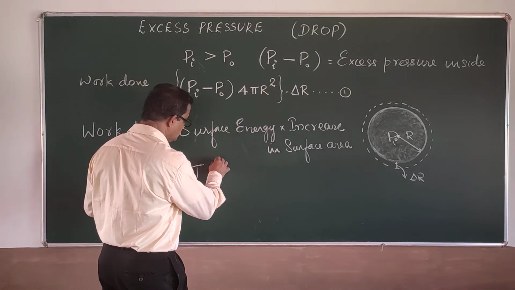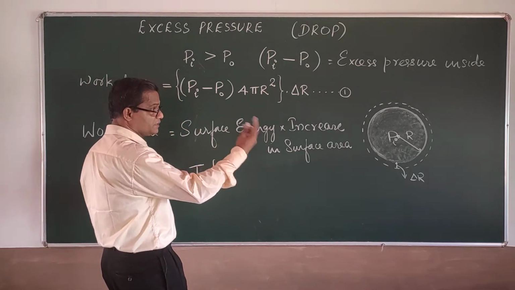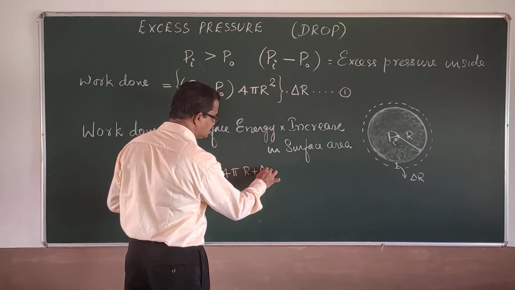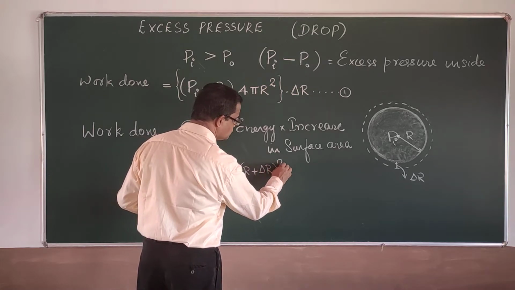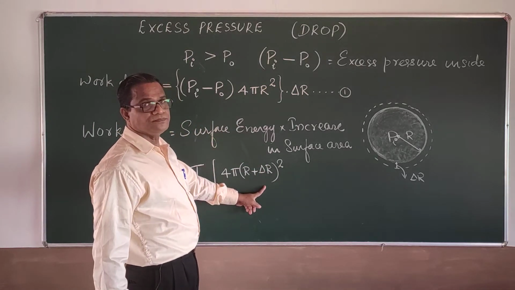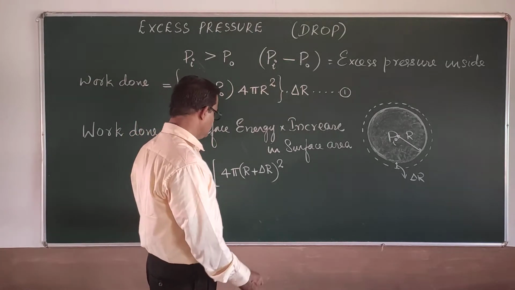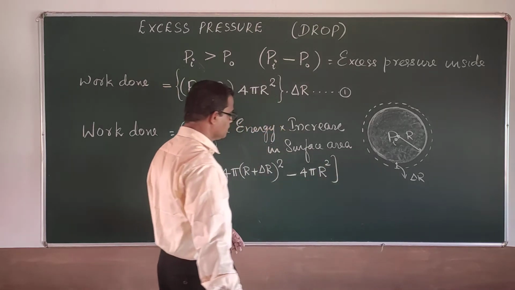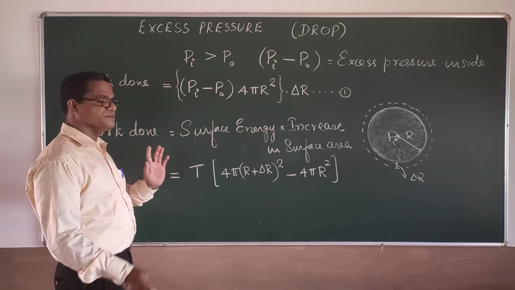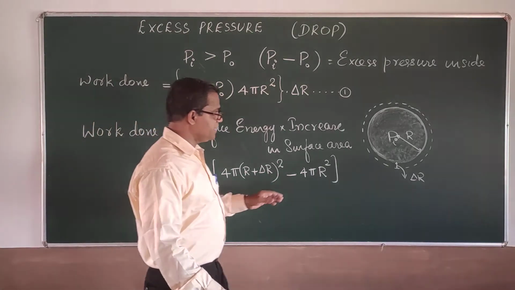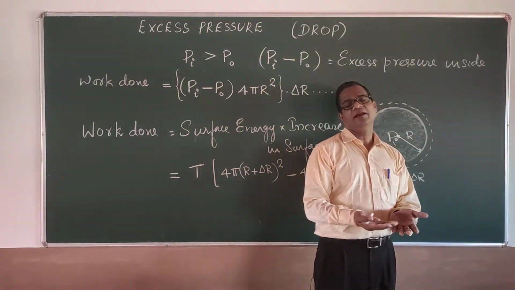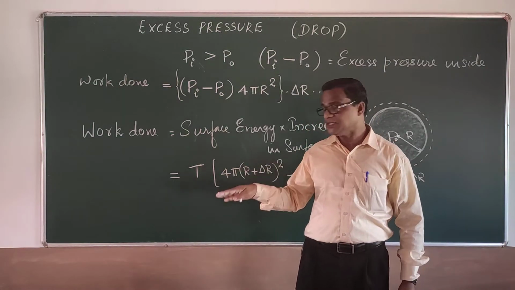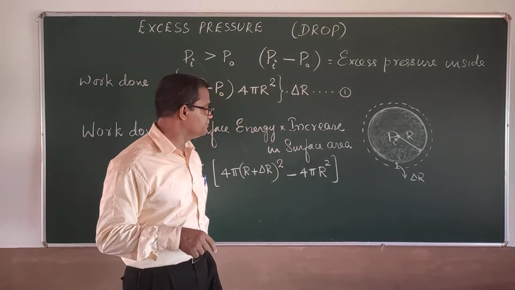Then it is surface tension into the increase in surface area, that is 4 pi (r plus delta r) the whole square, which is the surface area of the final drop, minus 4 pi r square. In this case, only one free surface is there. Therefore, surface tension is not multiplied by 2; a single surface tension is to be considered.